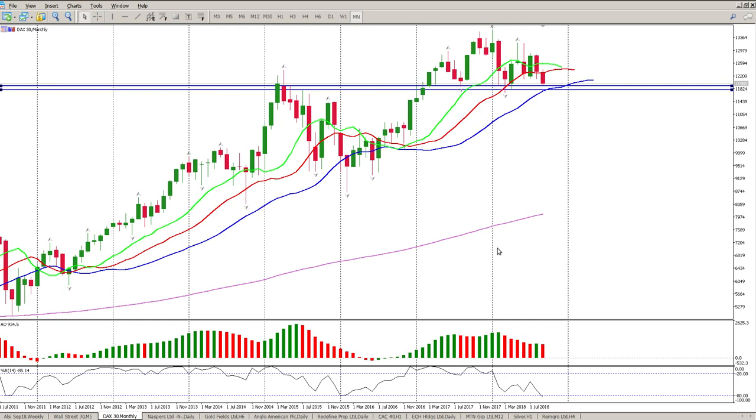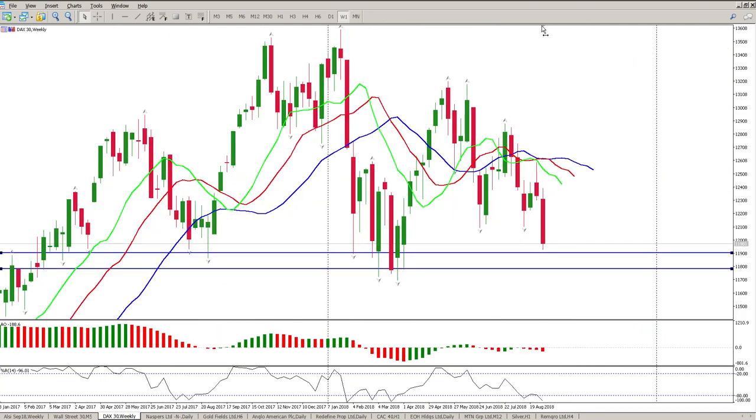The other thing to bear in mind on the monthly is we are coming up to the blue line on the alligator, and remember, your blue line is your jaws, red is your teeth, green is your lips. We're coming up to the jaws, and often when you get to the jaws, if you look back in the past here, something does tend to happen. So I'm watching this area with a lot of interest, because we are oversold on the monthly.